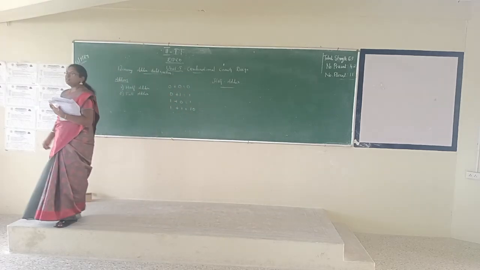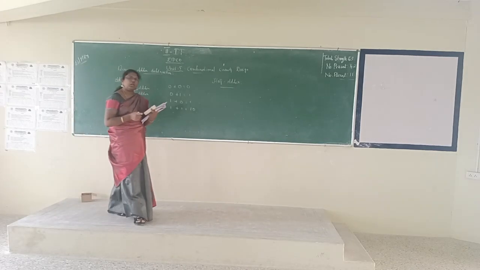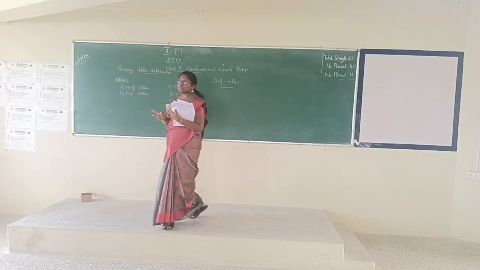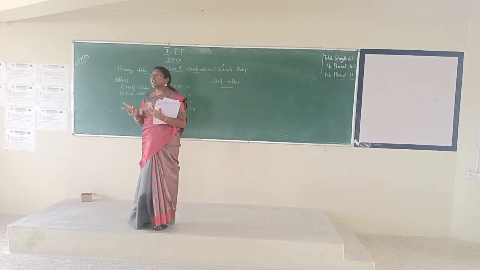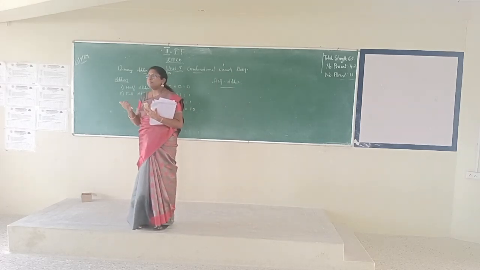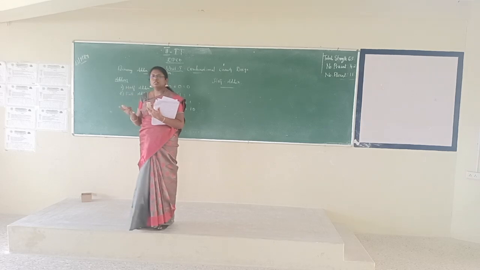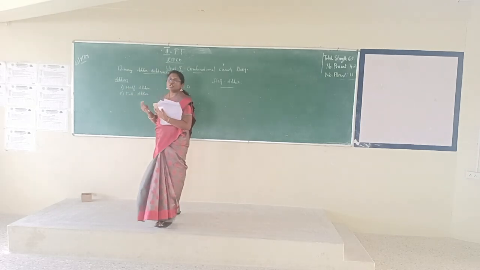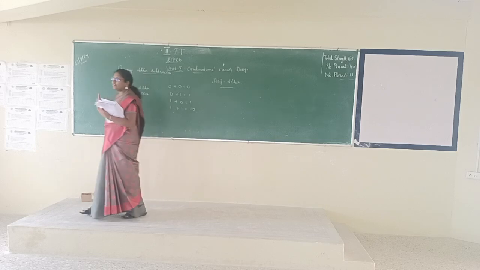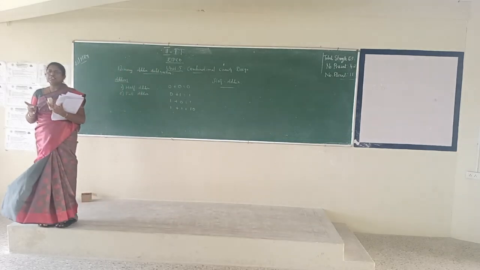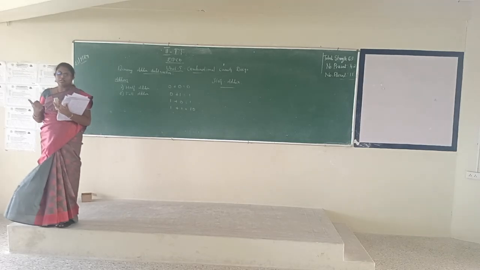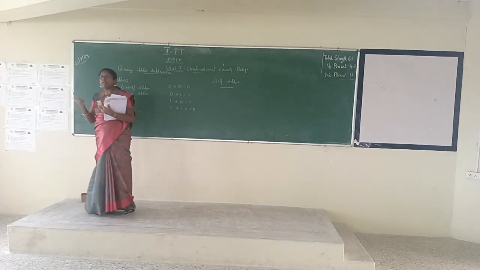So the half adder performs addition on two binary inputs and it produces the output in the form of two binary outputs, sum as well as carry. Why do we have a carry during the addition?